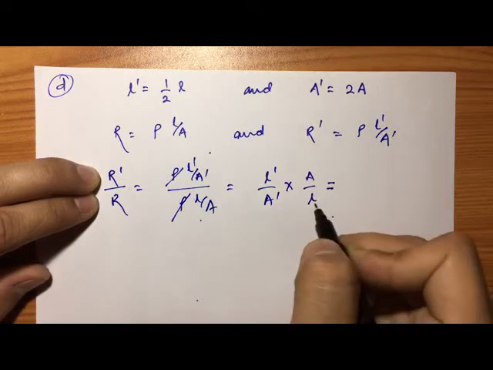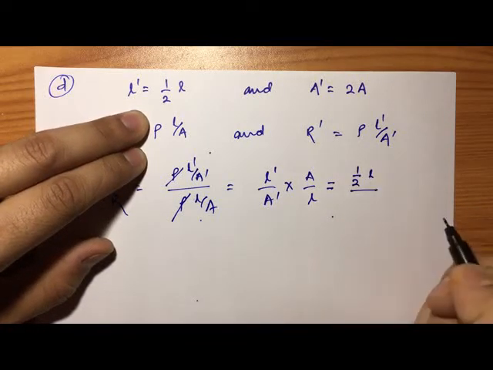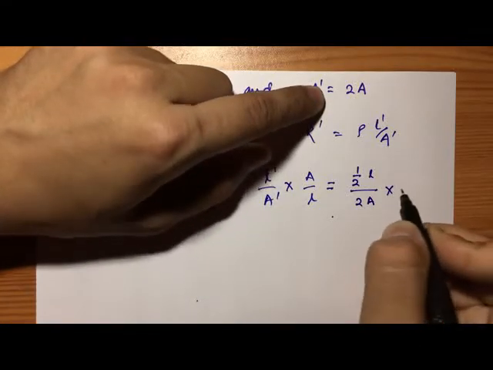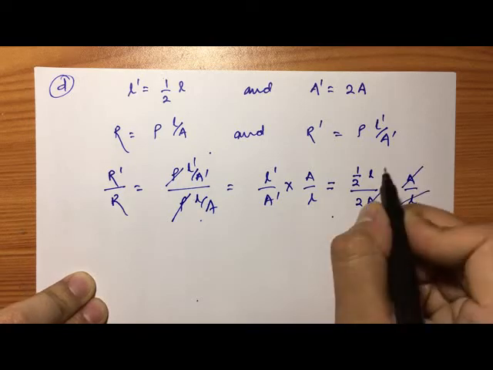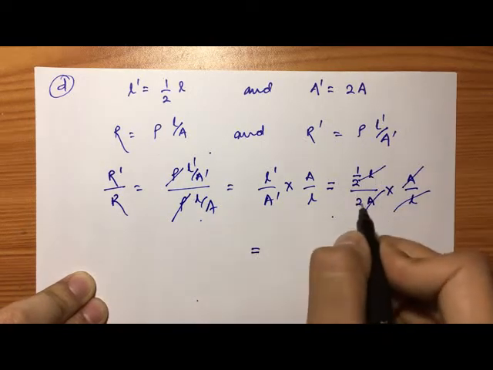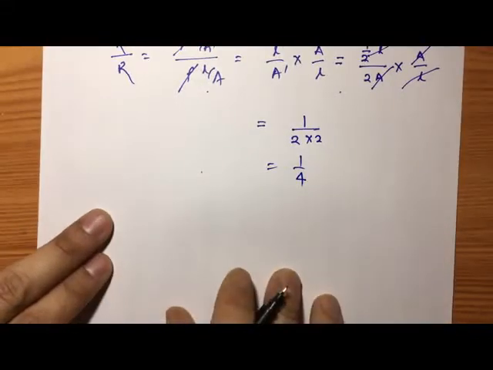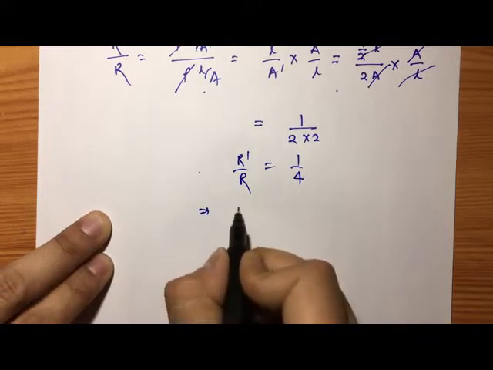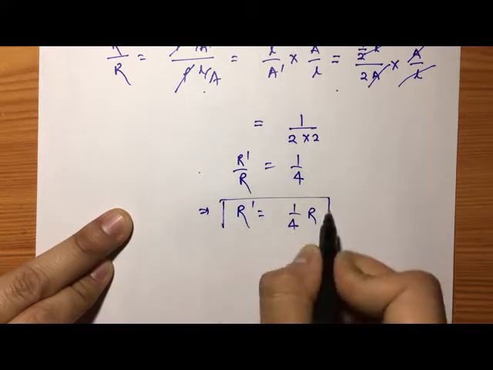Now we have to be careful. In place of L prime I will write half of L divided by, in place of A prime I will write double of A into A divided by L. This A, L and L will be getting cancelled, this 2 will come to the denominator, 1 by 2 into 2, I will get 1 by 4, and this 1 by 4 is the value of R prime by R. Okay, so my R prime will be equal to 1/4 of older resistance.